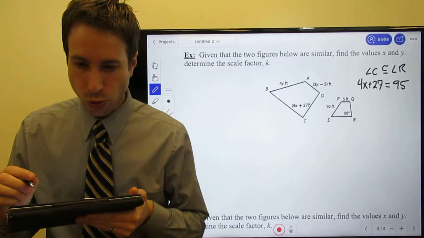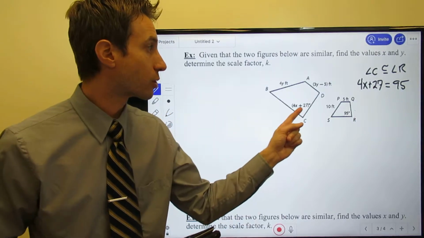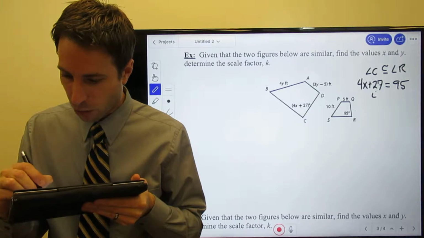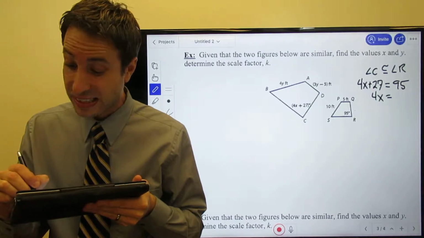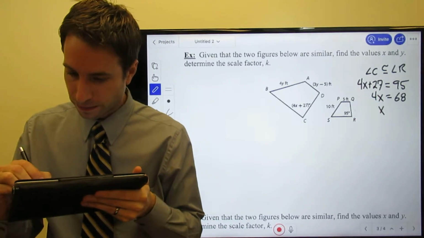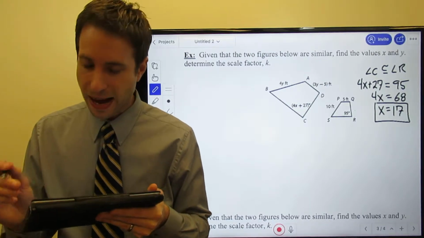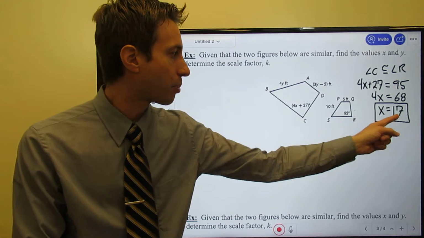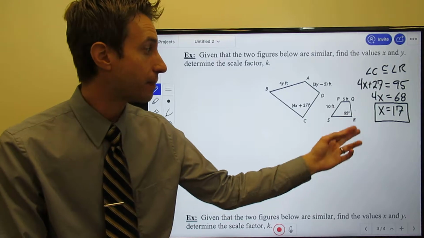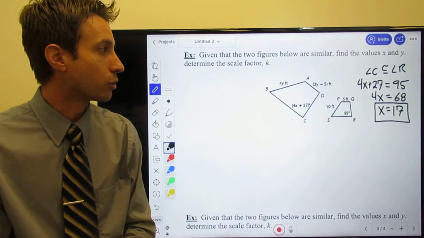Here we go. It's a plus 27, so I'll subtract 27 to the other side. I wind up with 4x is equal to 68. Then divide both sides by 4, and x is going to be equal to 17. So there we go, we found the measure of x. If I plug in 17, 4 times 17 plus 27, you're going to get 95. And I know that because C and R have to be congruent.